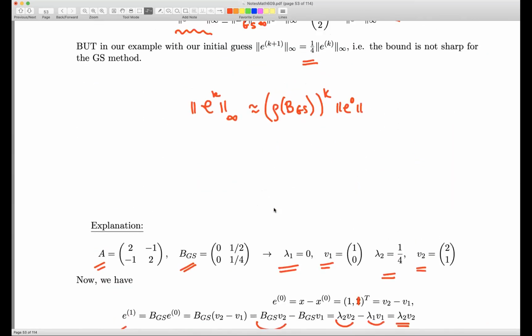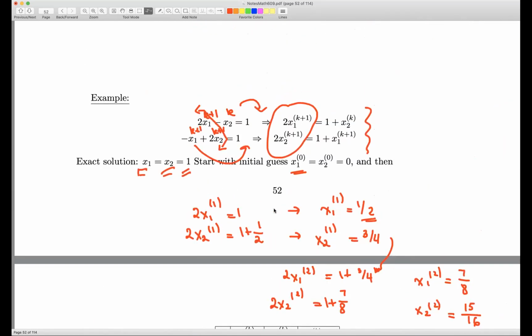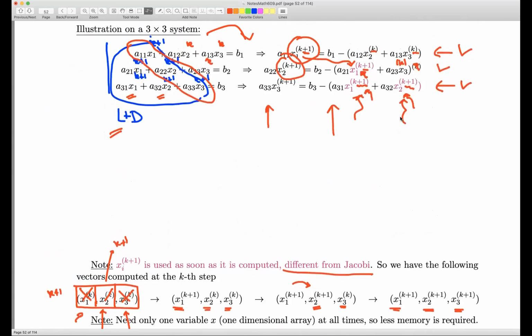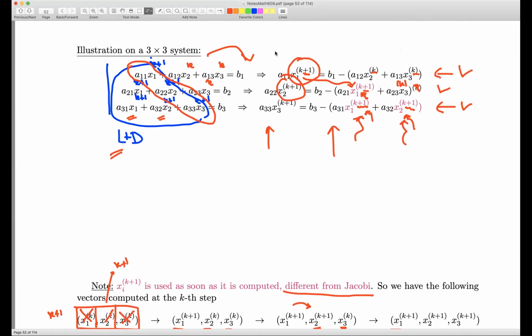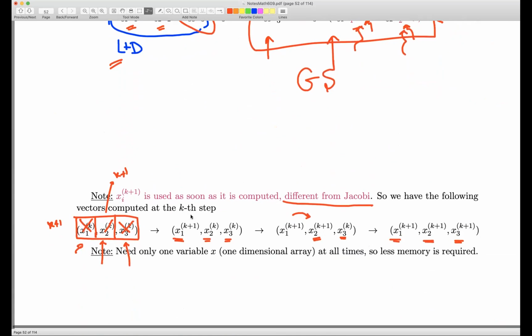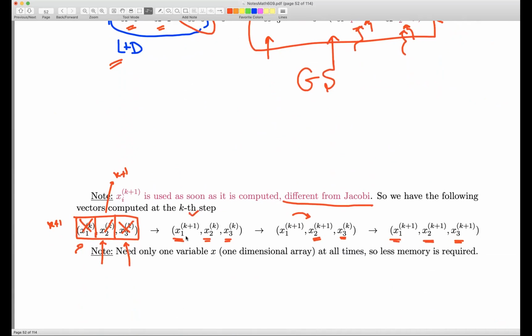This whole process is one iteration of Gauss-Seidel, but in this one iteration you update the coordinates one by one. First you update the first coordinate to make it the first coordinate of x^(k+1). Then you update the second coordinate and so on. Then you update the third coordinate.